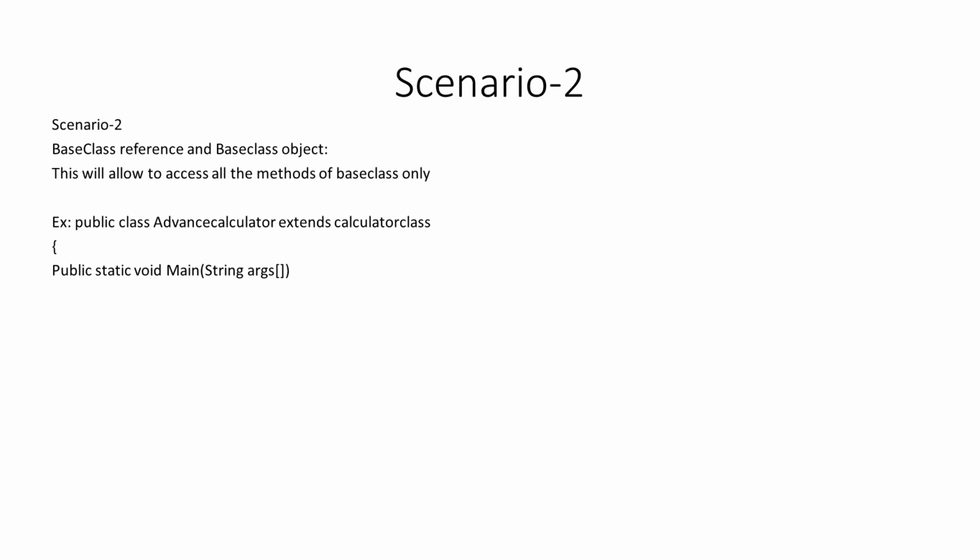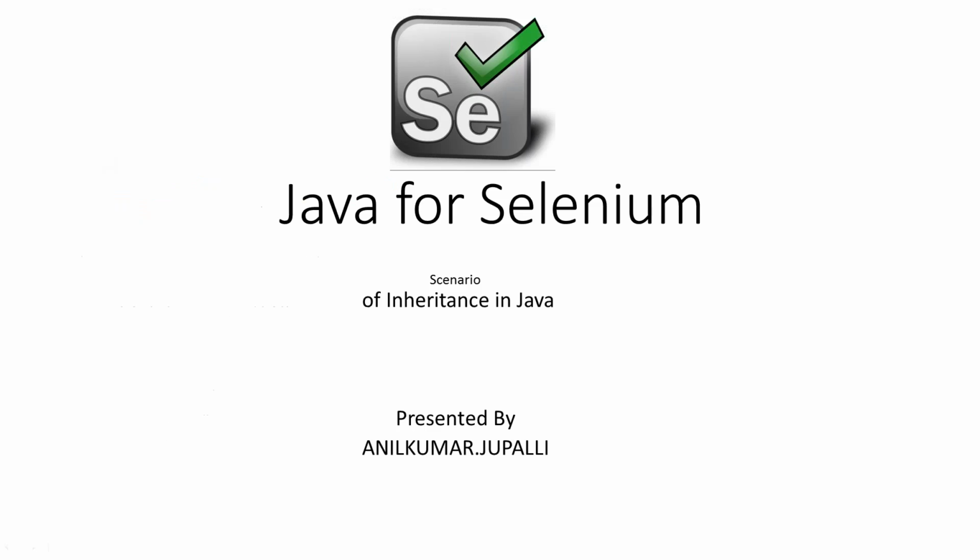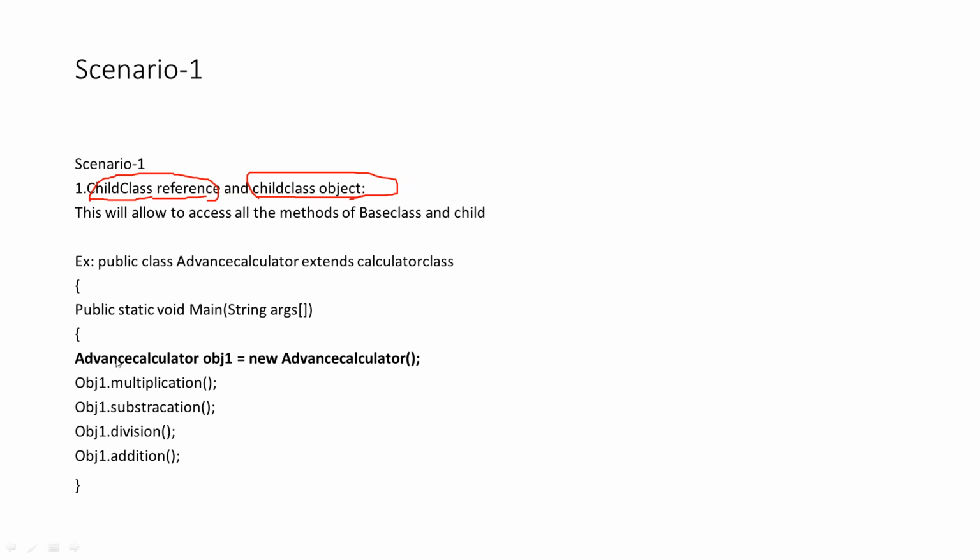For example, let's look at this. Public class advanced calculator extends class calculator. And if I say calculator class obj2 is equal to new calculator, obj2 subtraction. That is the program I'm going to write here. So if I create an object only for the base class, it can access only base class methods. In scenario 1, if you create a child class object, you can call child class methods and the base class methods also.